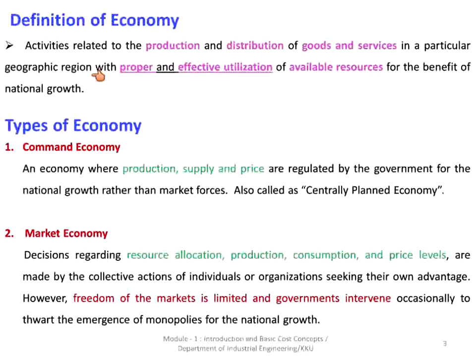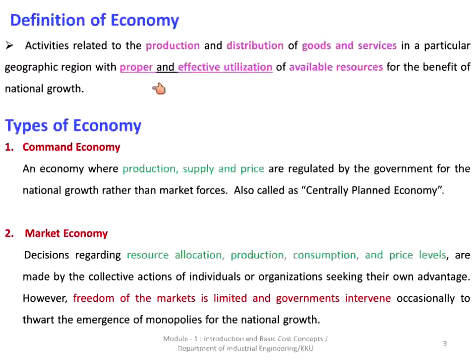Geographic region is nothing but an area or a location, right? With proper and effective utilization. This is very, very important. As far as the term economy is concerned, you should know how to use properly and how to use effectively. That's very important. So with proper and effective utilization of available resources, you need not purchase more resources which is not with you.